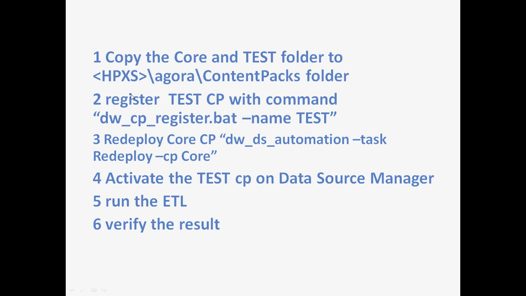Second, register the test content tab with the command DWCP register, and the name is test. Third, deploy the core content tab with the command. Fourth, activate the test content tab in the data source manager of the Executive Scorecard UI. And fifth, run the ETL and verify the result.